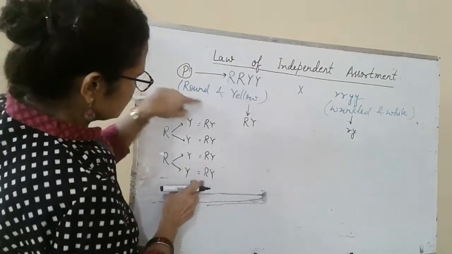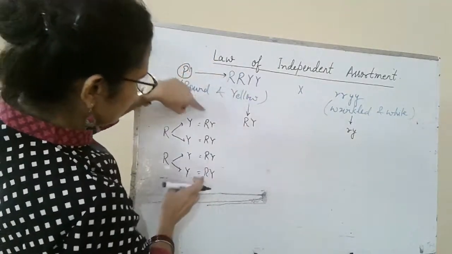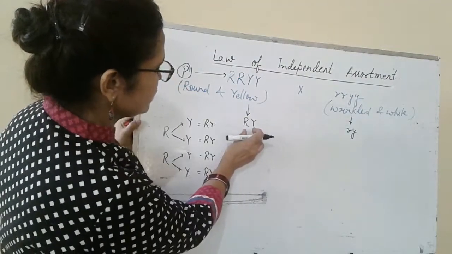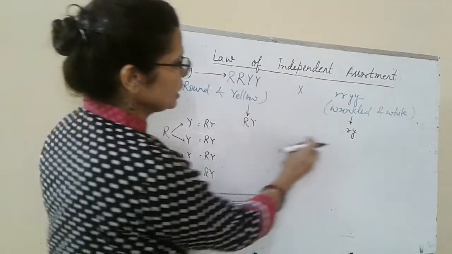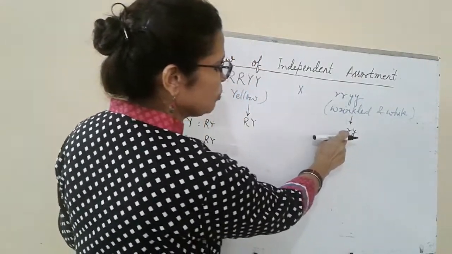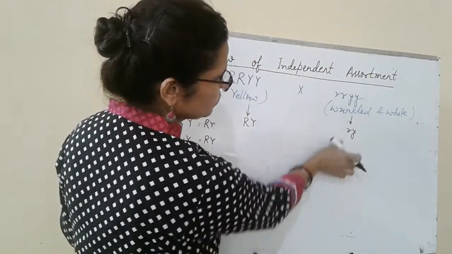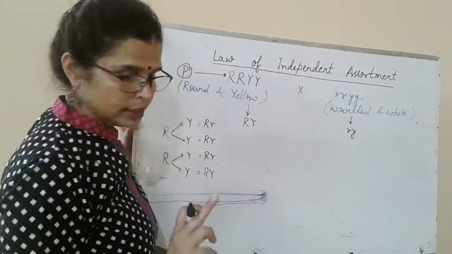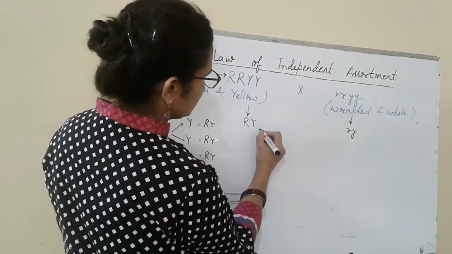So 4 gametes were produced by this parent and all are of similar type. We will take only one just for our convenience. Here also only one type of gamete is produced, 4 in number, so here also we will take only one gamete for convenience.